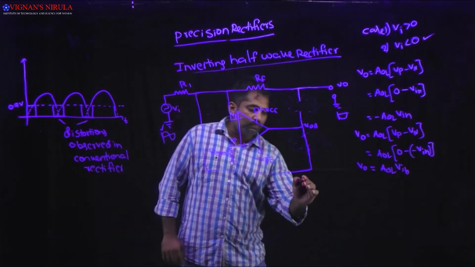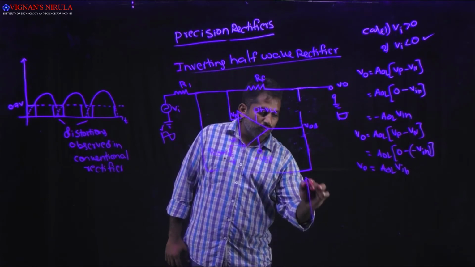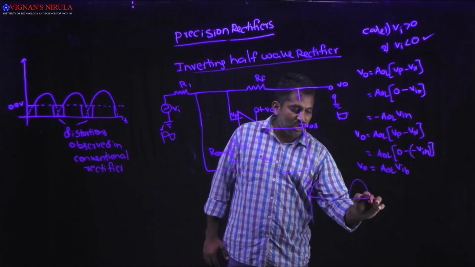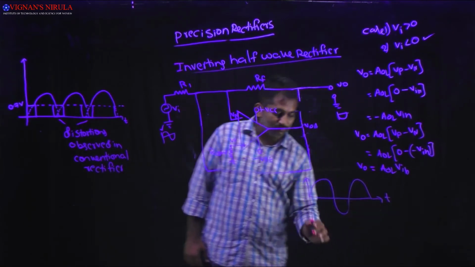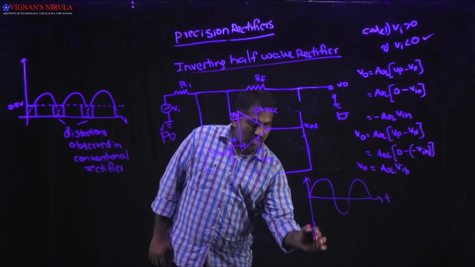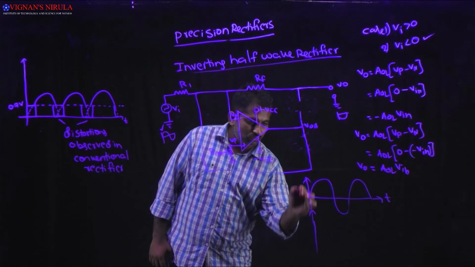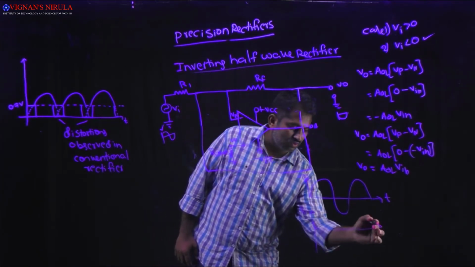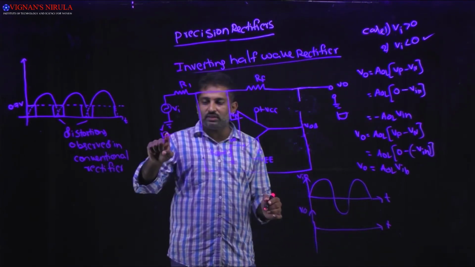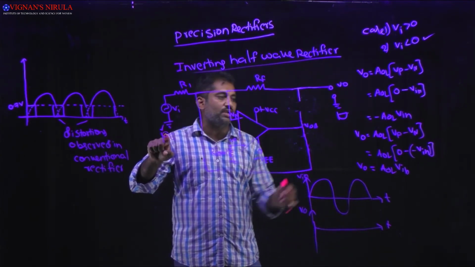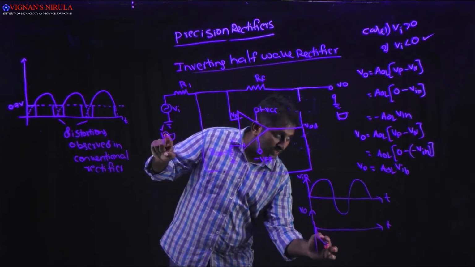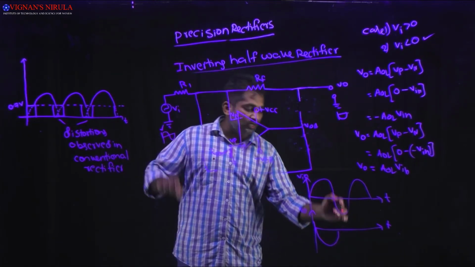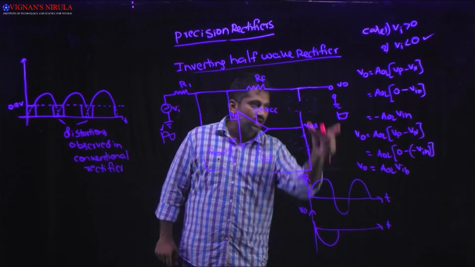So finally I am going to draw the input and output waveforms. Here I am taking the time axis as T. Now I am going to draw the output. This is Vin and here I am going to consider V naught. If you apply the positive wave at the input side, you will get the negative peak. If you apply the negative peak, you will not get any output across the load.